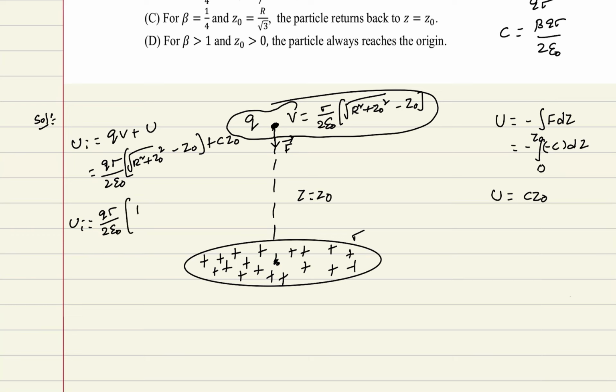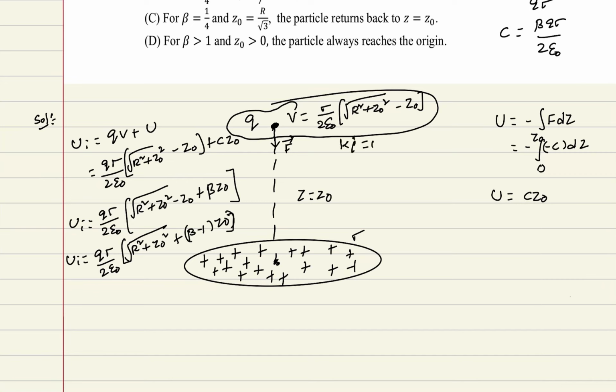Substituting the value, the initial potential energy is q sigma by 2 epsilon naught whole thing into (under root of r square plus z naught square minus z naught) plus c z naught, which gives beta into z naught. So finally we can write it as q sigma by 2 epsilon naught into (under root of r square plus z naught square plus (beta minus 1) into z naught). This is the initial potential energy of the particle when it is located at z equal to z naught.